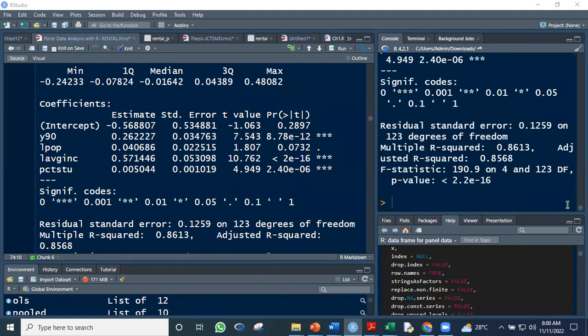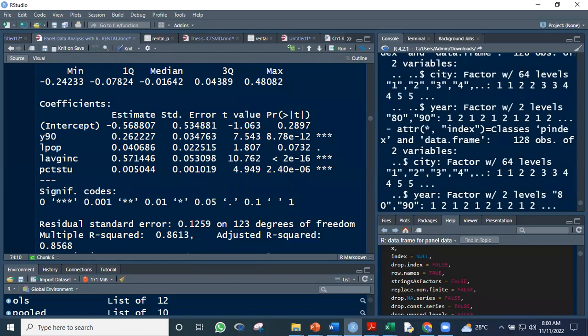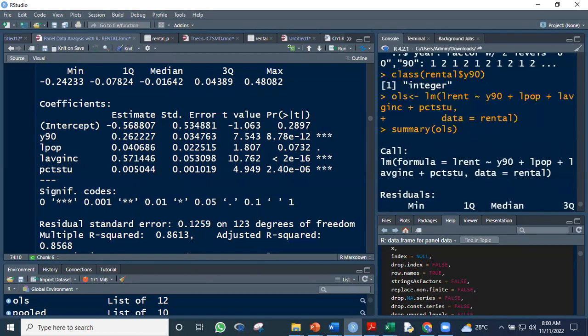With one of the independent variables. Okay, here, class, no? This one. Anyone?